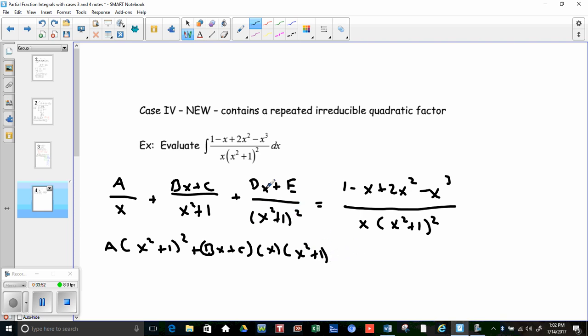And then the Dx plus E is missing just the x. And that has to equal the numerator over here, 1 minus x plus 2x squared minus x cubed.